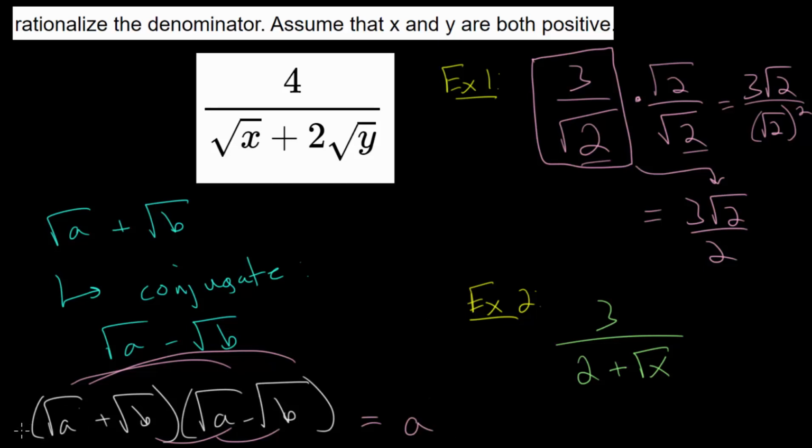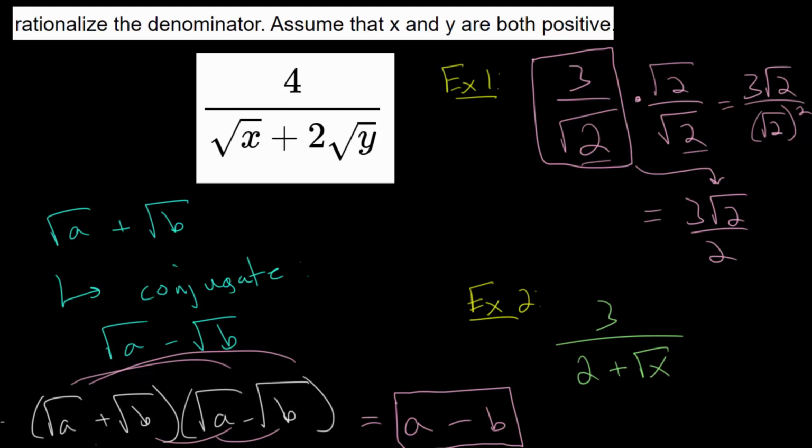Then we get minus root a times root b, plus root a times root b. So those middle terms cancel. And then we get minus the square root of b times the square root of b, which, again, the square roots will cancel, and we just get minus b there. So by multiplying by the conjugate, notice that our product has only whole number values. So it no longer has these radical signs.